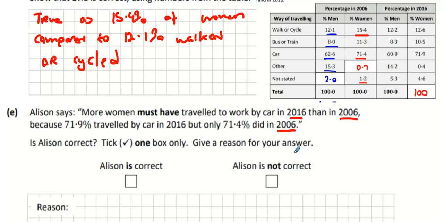Well, it also has to do with the total. The percentage is definitely higher, but the number of people might not necessarily be higher. So the reason being, Alison is not correct, because 71.9% of a smaller population.